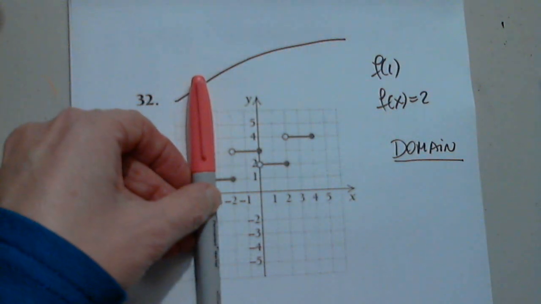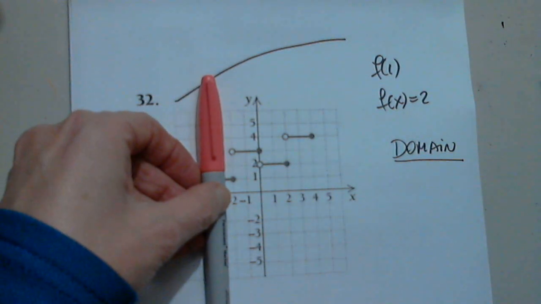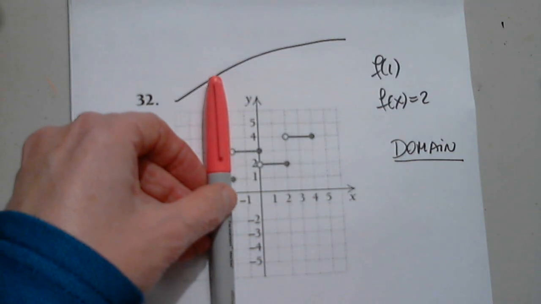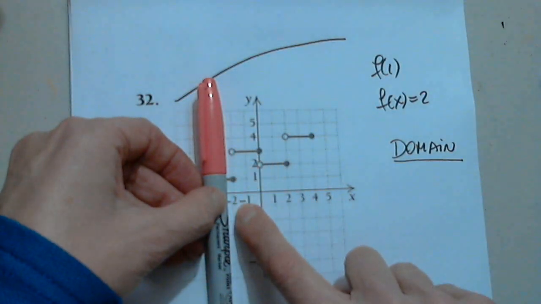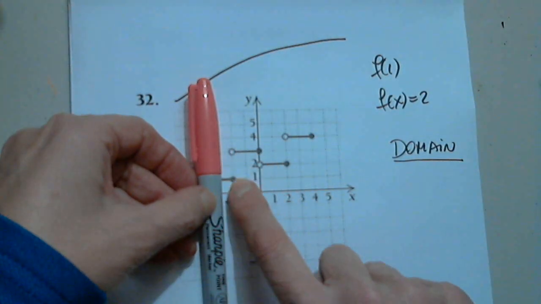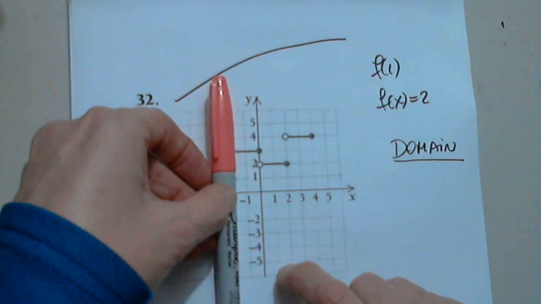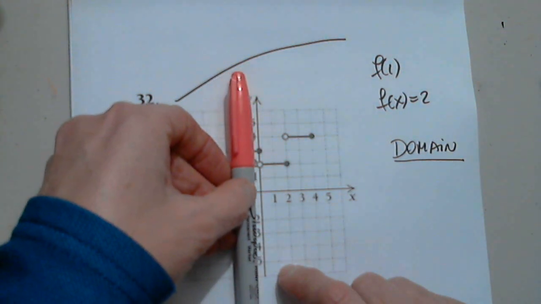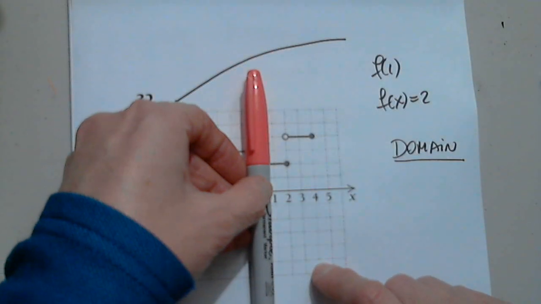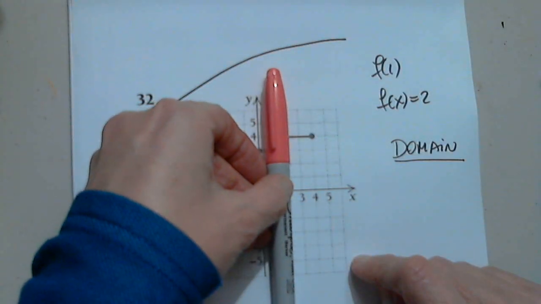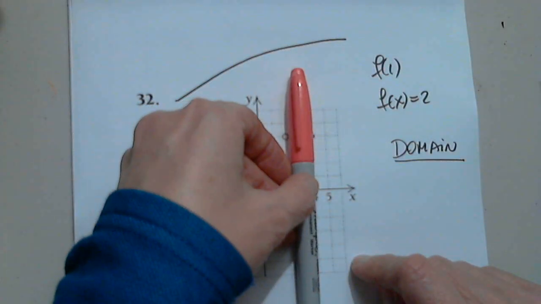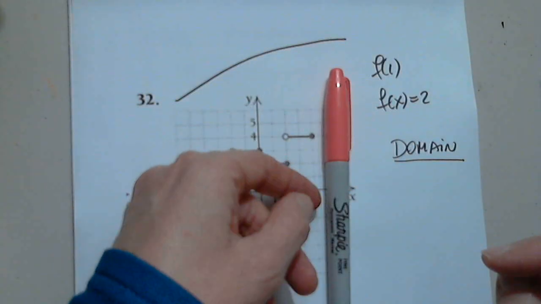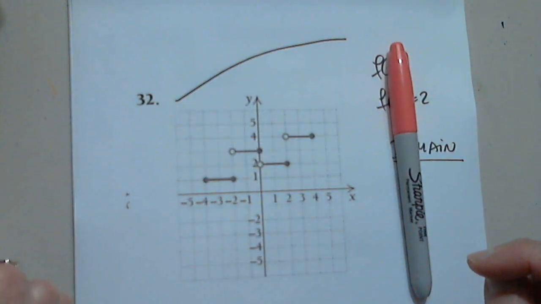And then I imagine that I cross the graph with a vertical line. Yes, the function still exists. Does it exist at -2? Yes, it's this function value. Yes, it does exist, all the way to 4, but now no longer exists.